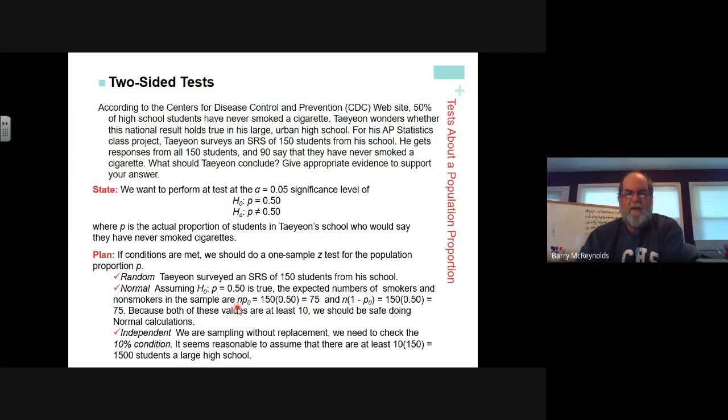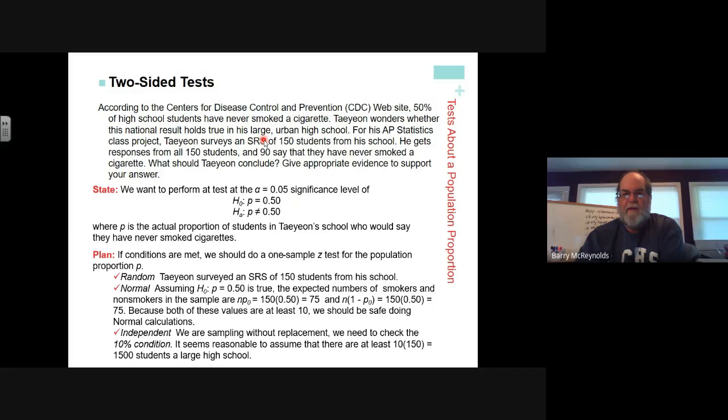And then independence is where we want to check the 10% condition. And it seems reasonable that 150 students is less than 10% of a large high school. We're not told how many students are in his school.